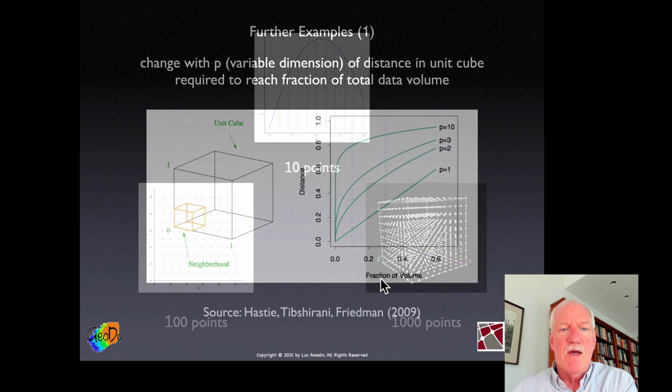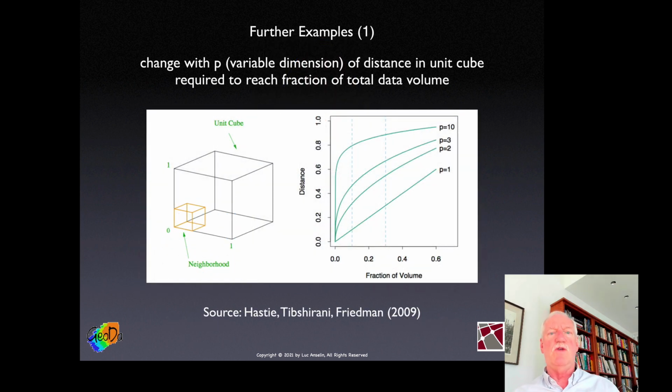There are a couple of other examples that I found in this very useful book by Hastie, Tibshirani, and Friedman. And think about this a second. If you want to be able to search a certain fraction of a unit volume, a unit line, and if the points are randomly, uniformly spaced through there, how far do you have to go to search a given fraction of the total data volume?